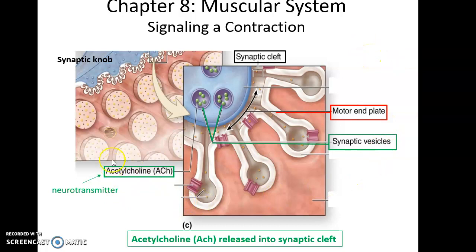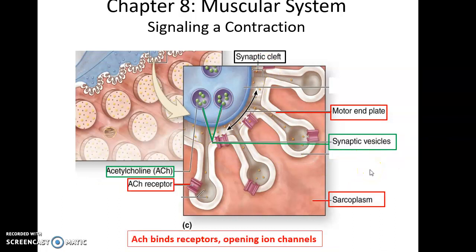What happens after the nerve impulse arrives is it triggers the release of acetylcholine. The synaptic vesicles migrate to the surface of the synaptic knob and release acetylcholine into the synaptic cleft. Acetylcholine then diffuses across the synaptic cleft and reaches the motor end plate.